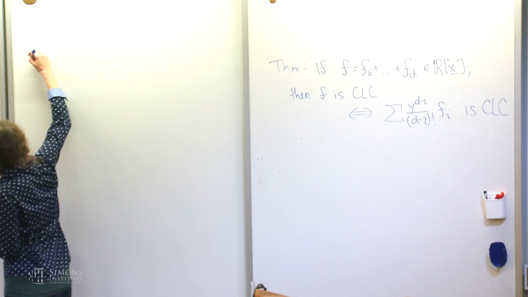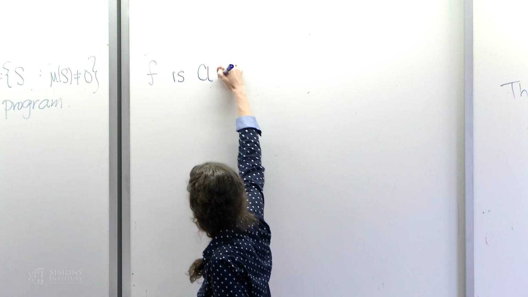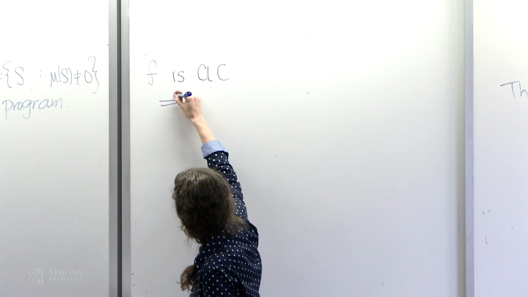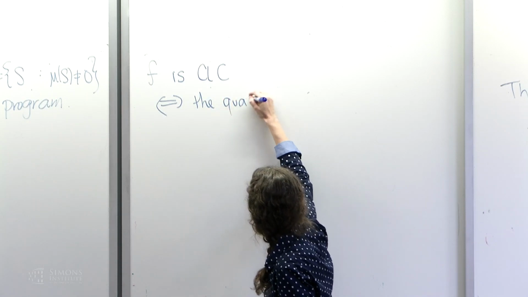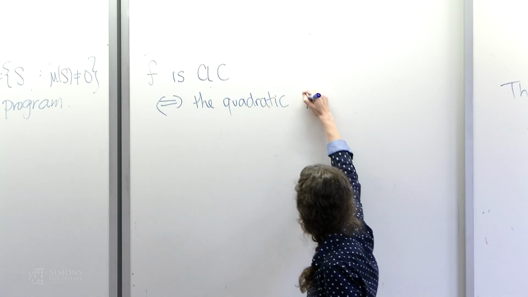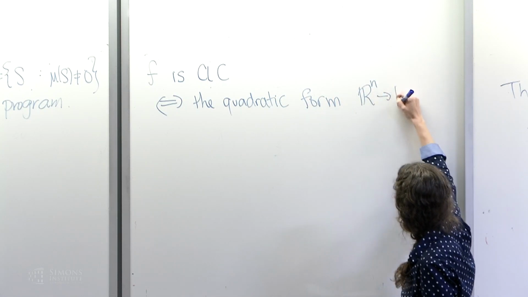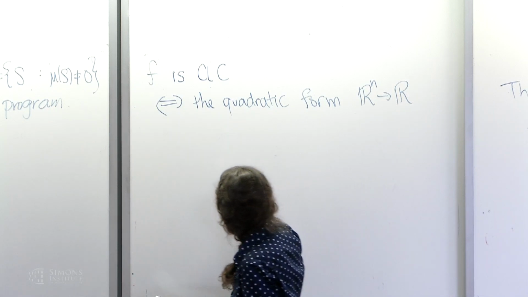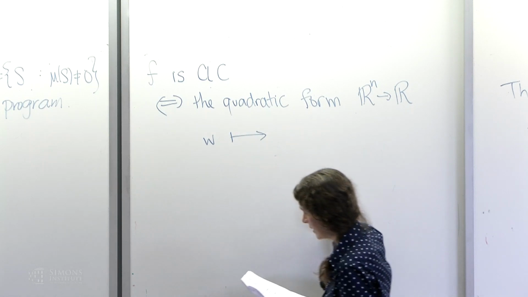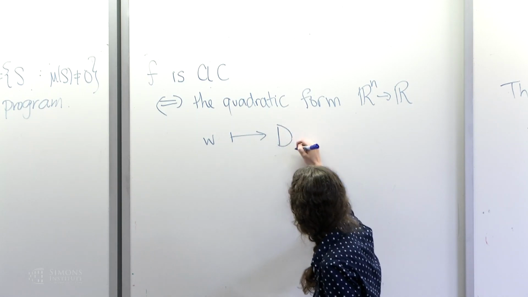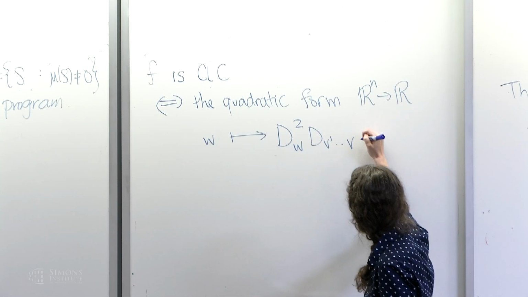So a fancy way of writing down the definition of complete log concavity is that a certain quadratic form of Rn to R, which eats a vector and spits out the following number.